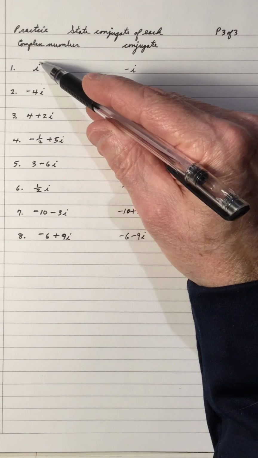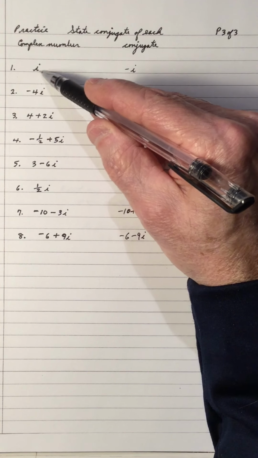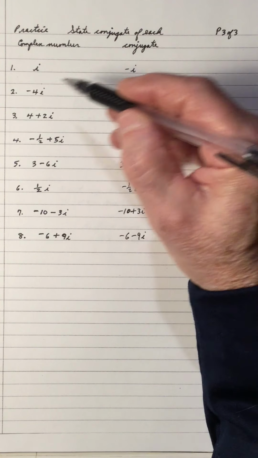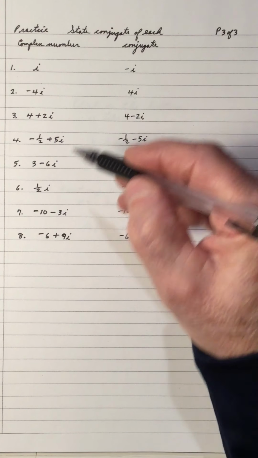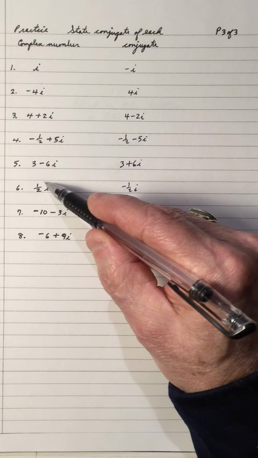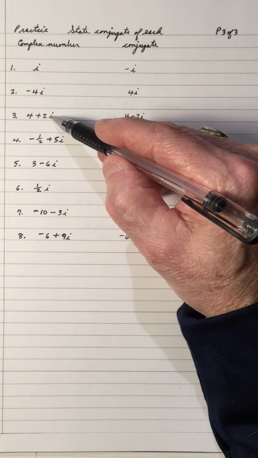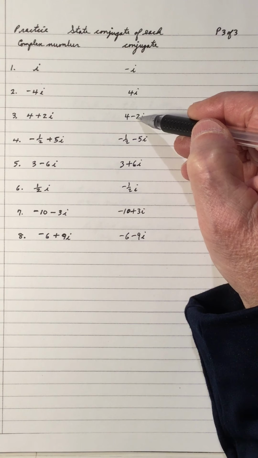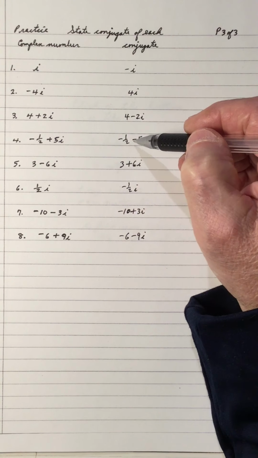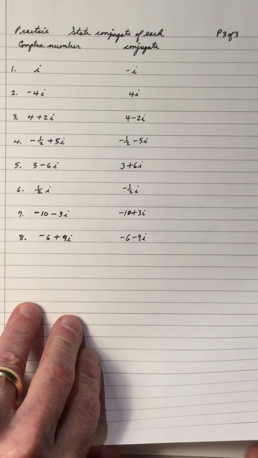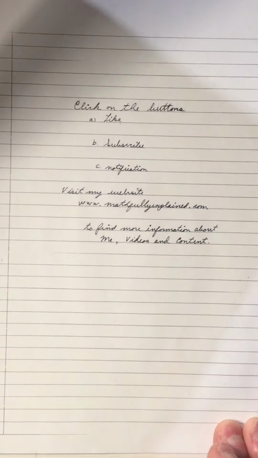This is a pure imaginary number, so just change the sign. But if you have a binomial, you change the second sign, not the first. So when you multiply, your middle terms will add up to give you 0 and cancel out.